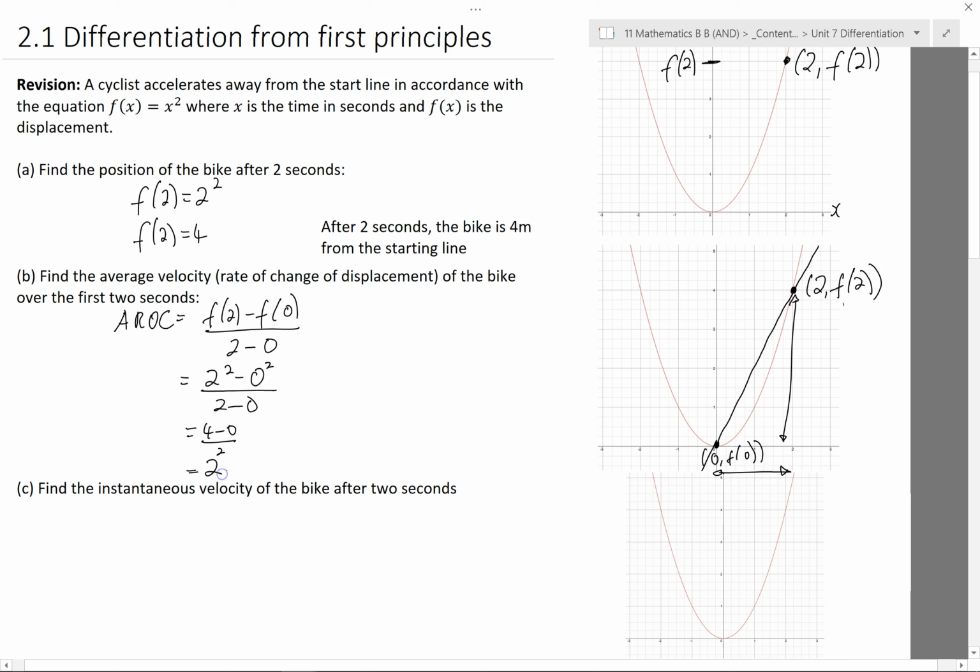The average rate of change is 2 meters per second. So the average velocity during the first 2 seconds is 2 meters per second.